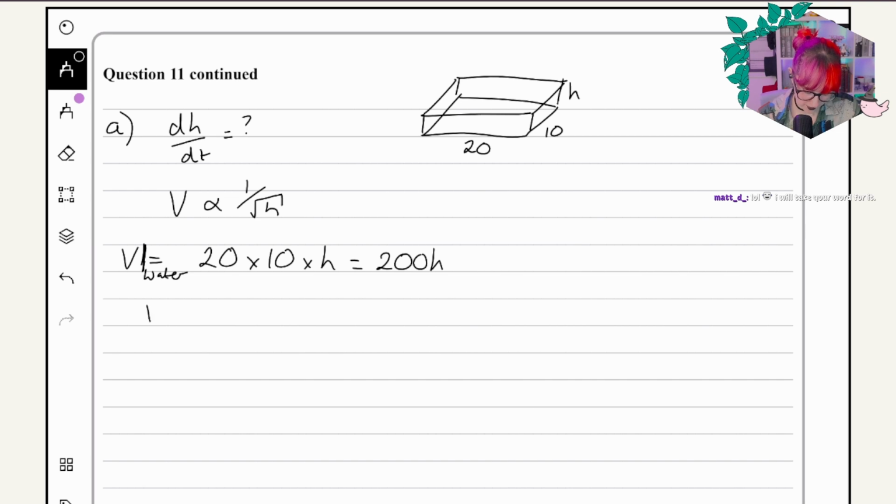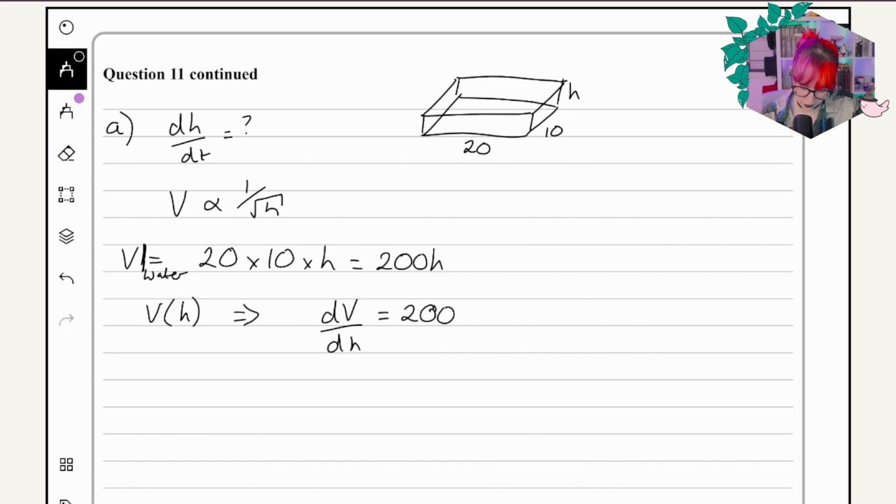So because v is now a function of h, what we can do is take dv dh. So how does the volume change as the height increases? And this is actually linear, so it's just 200.